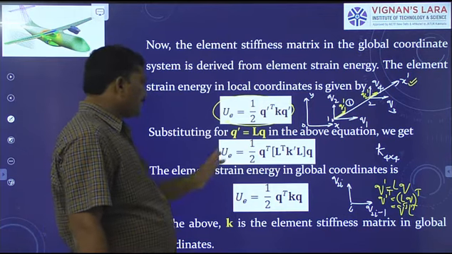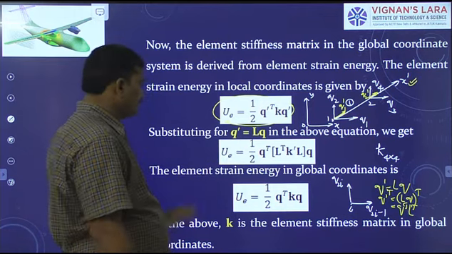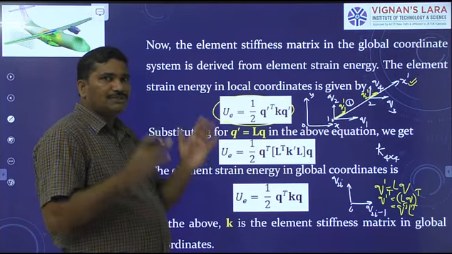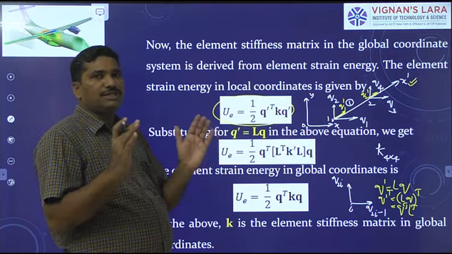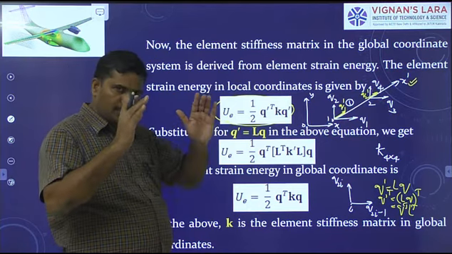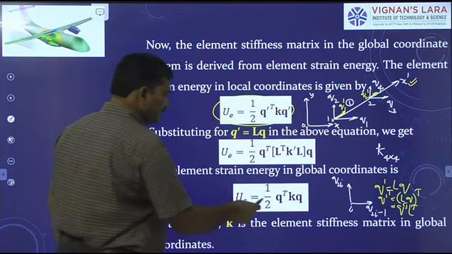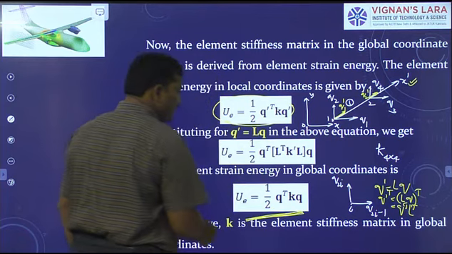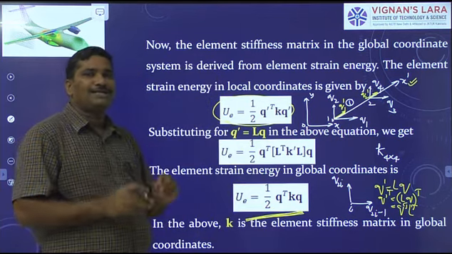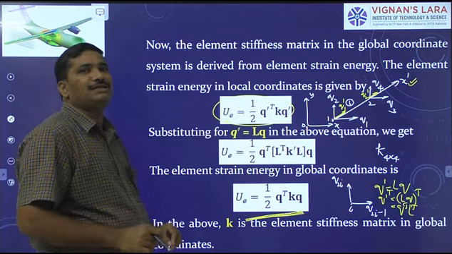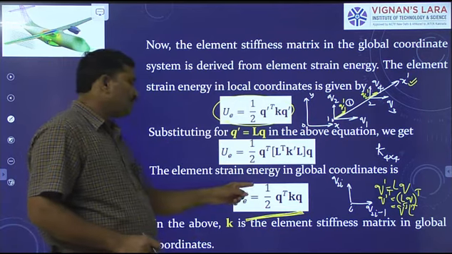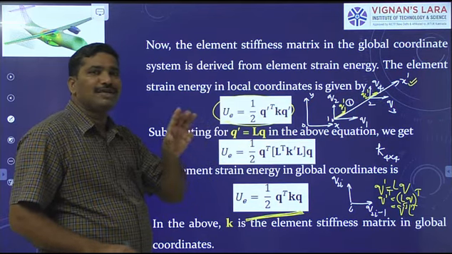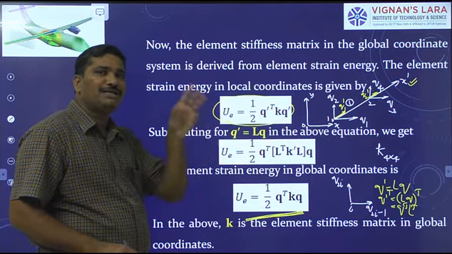Now, if we express this as half into Q transpose into some term in brackets into Q, why do we write like this? Because this is the usual form to represent element strain energy in terms of element displacements and element stiffness.